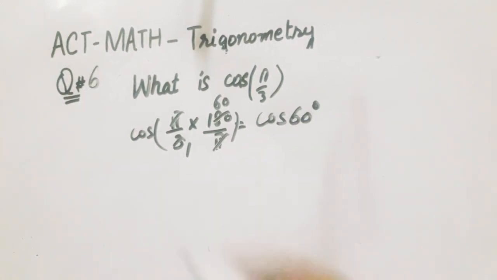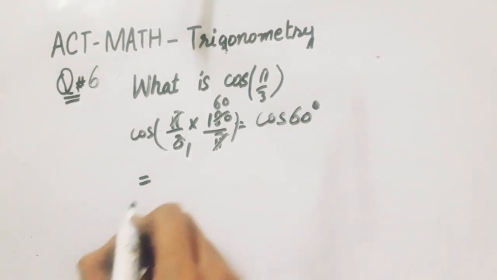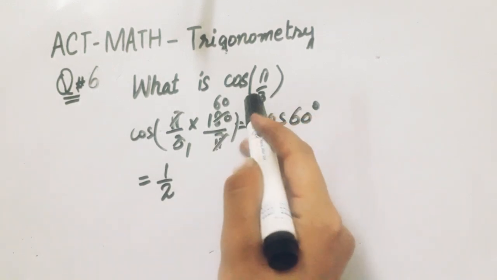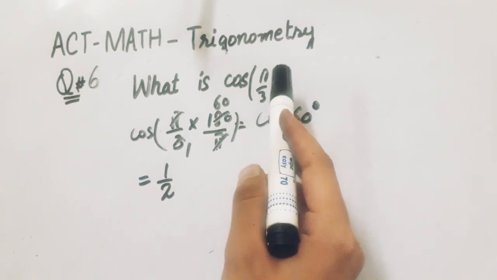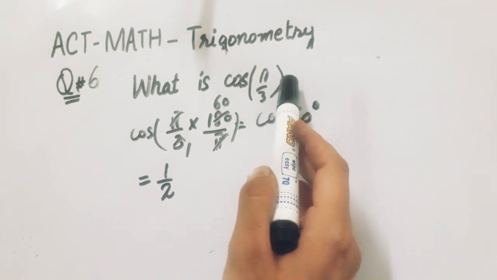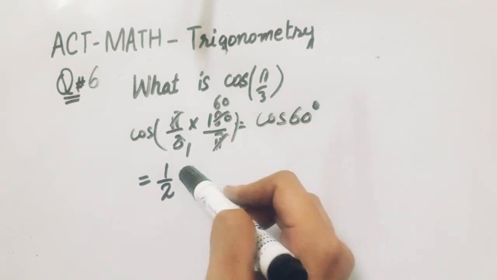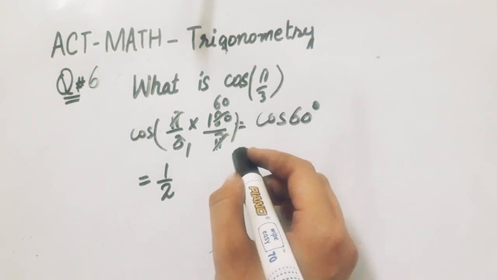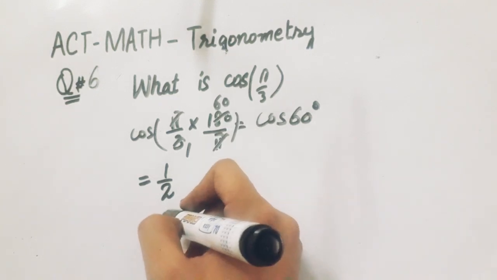So the value of cos 60 degree is equal to 1 by 2. So in this way, if the angle is given in pi, this is a radian angle. So we will convert this into degrees by multiplying by 180 and dividing by pi.